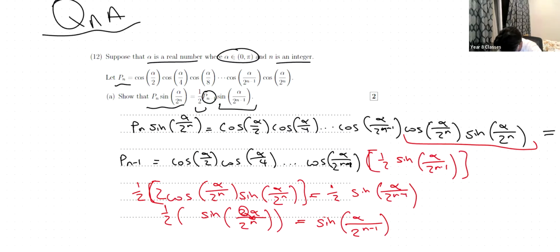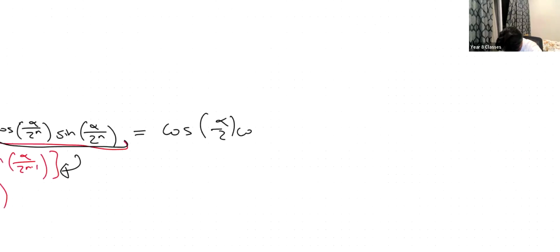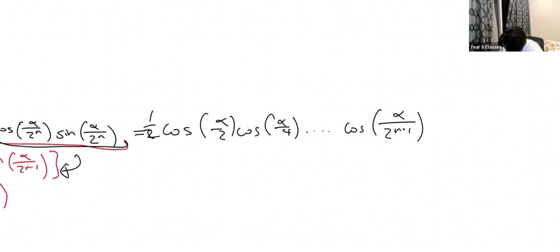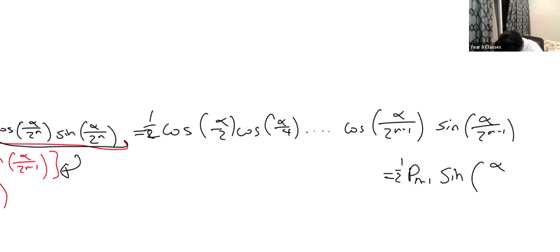So I can rewrite this as alpha on 2 cos alpha on 4, and so on, cos alpha on 2n minus 1, and I can put a half here and say that this is sine alpha on 2n minus 1, which is equal to a half Pn minus 1 sine alpha on 2n minus 1. Does the logic make sense?